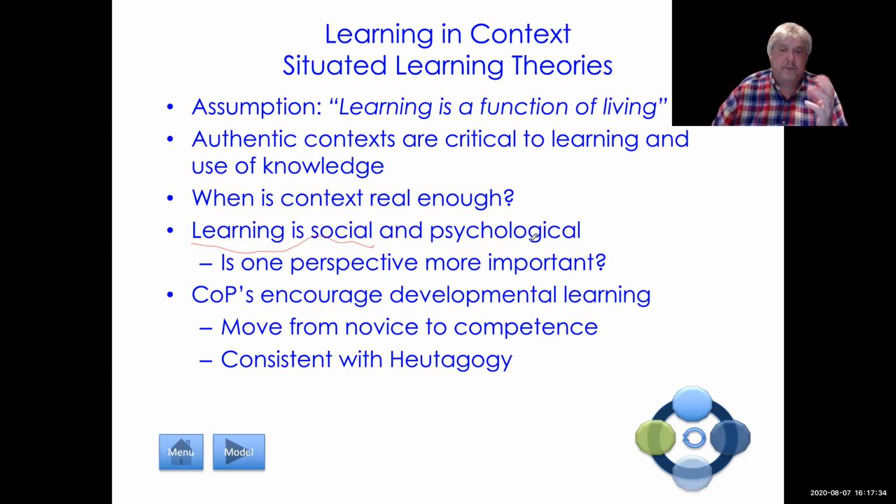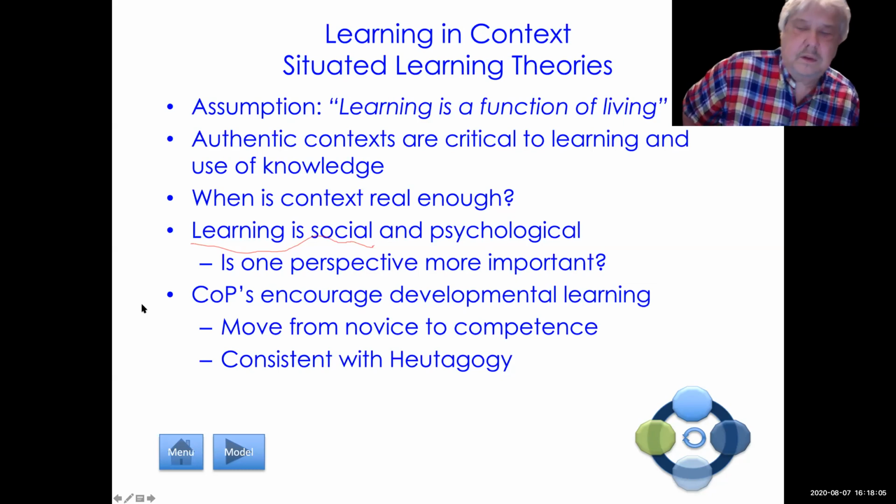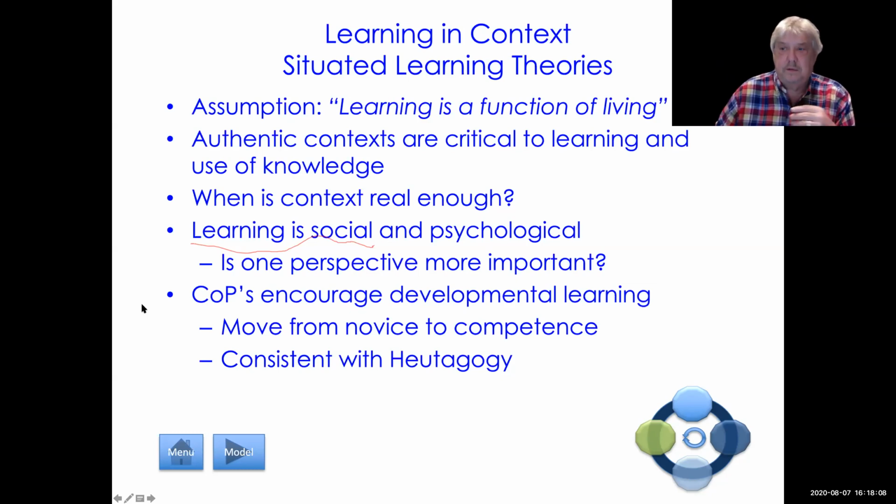We have historically emphasized the psychology of learning, but in this case, we assume that because learning is a function of living, and living as a social being, we learn from each other. Is one perspective more important than others? My research tends to lead me to think that social learning is more important than psychological learning. And I think that the psychology of learning has been overestimated, actually, and oversold.